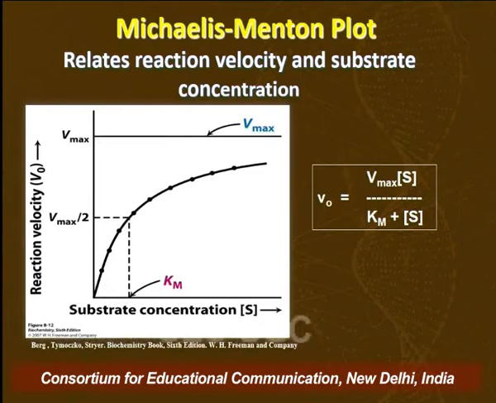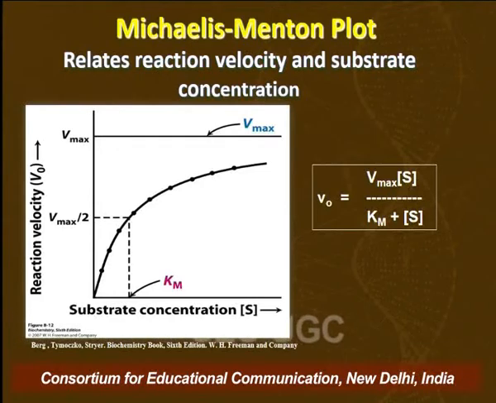Finally it reaches a leveling-off phase where all the enzymes are bound to the substrate, so saturation has occurred, and finally it reaches a plateau where there is a higher concentration of substrate but no enzyme free to bind to it, so it reaches the maximum velocity called the Vmax.